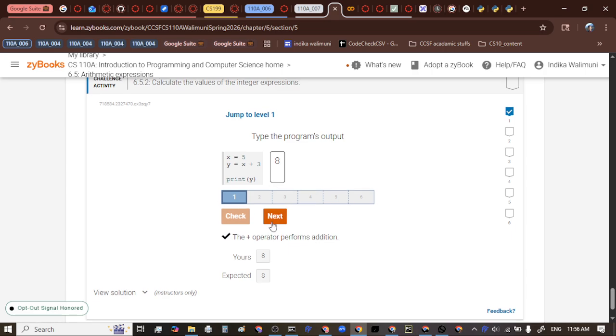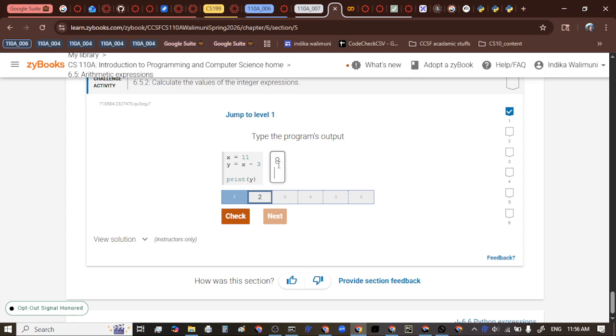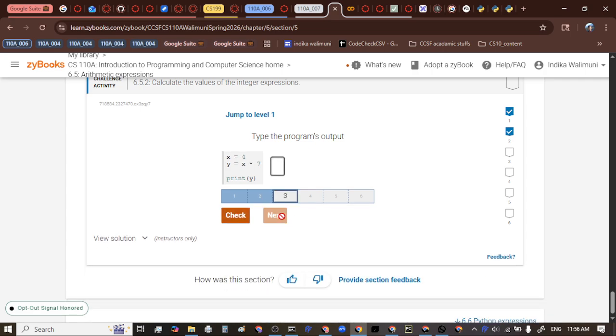Okay, so next one. x is 11, x minus 3. I think probably we'll go up to the 6 and get the more complex ones. So this is 8 then. Can I skip? No. Okay, it's actually waiting now.